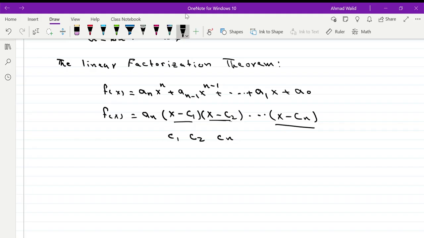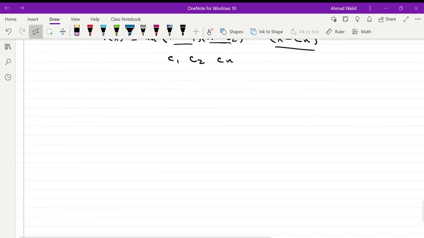Now, let's do an example where we use this theorem. Example number 1.